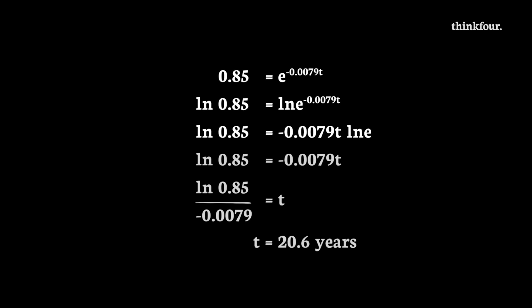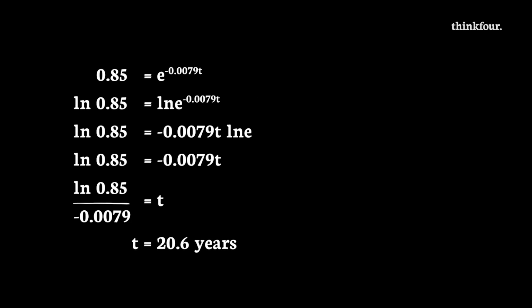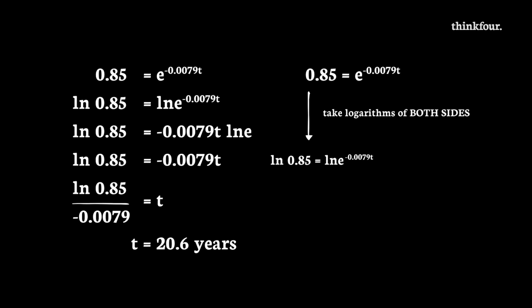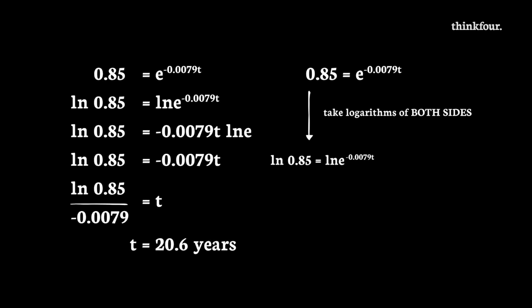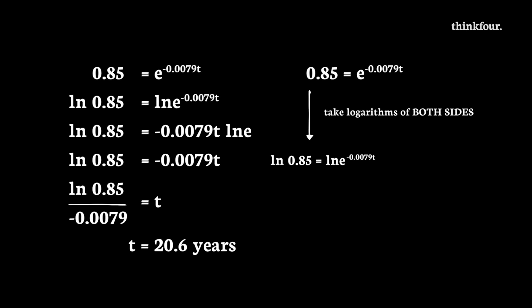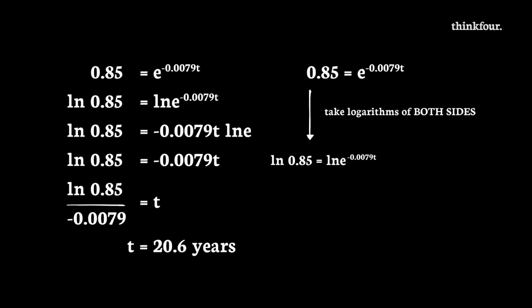We can bring the power down in front of the ln e using one of our log laws. Log to the base e of e is 1. So the equation becomes t equals ln 0.85 divided by negative 0.0079, giving t equals 20.6 years as before.